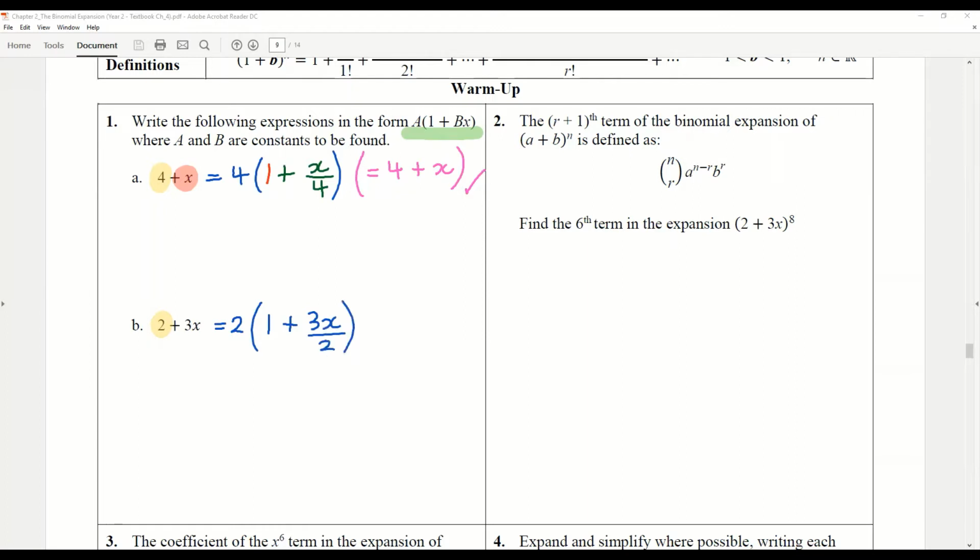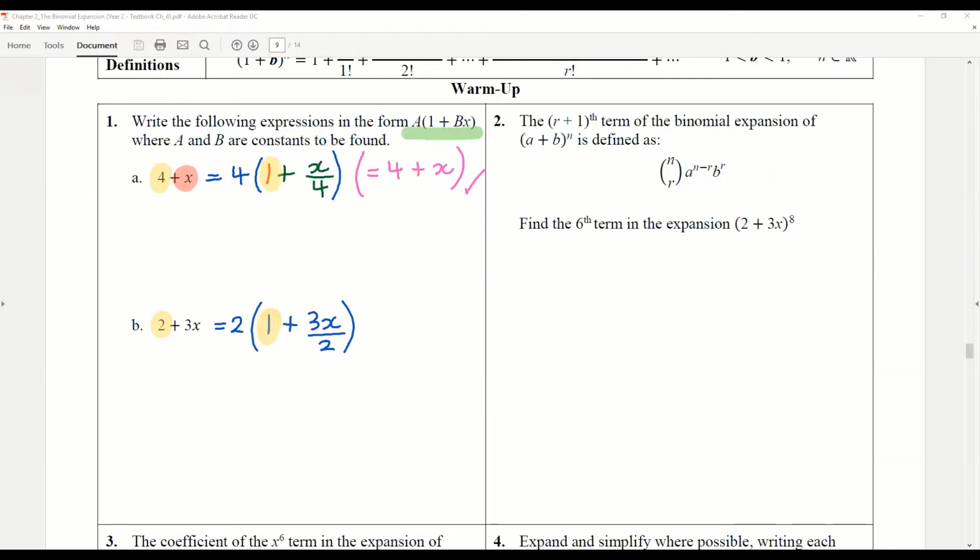And if you just want to play it safe in your head, perhaps just multiply that out and check that you get 2 plus 3x. So you notice the key to this is to create that 1 here and here, which will enable us hopefully to use our expansion that we've been using for the previous 2 lessons.